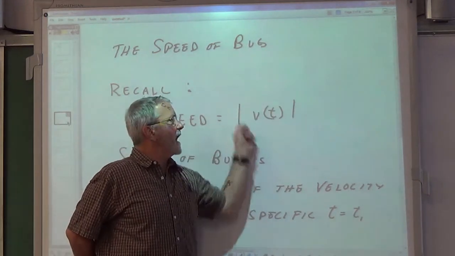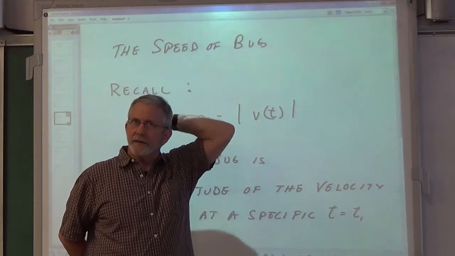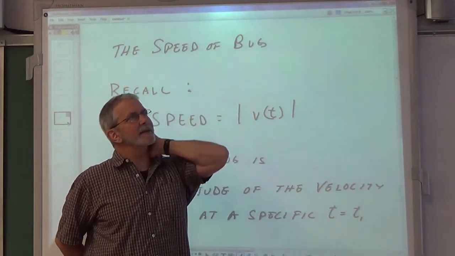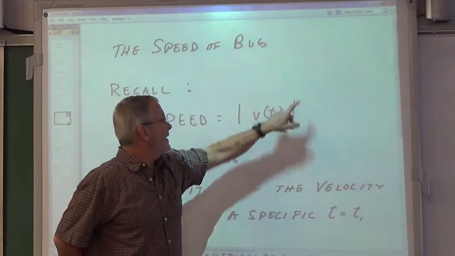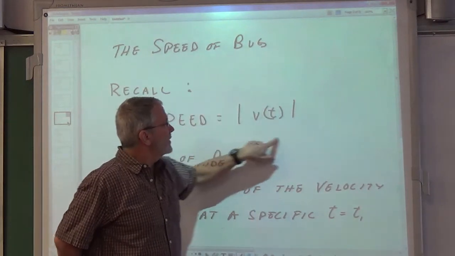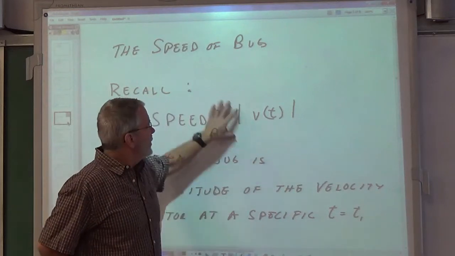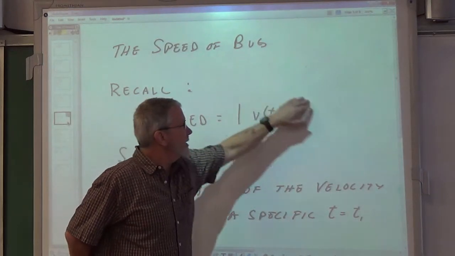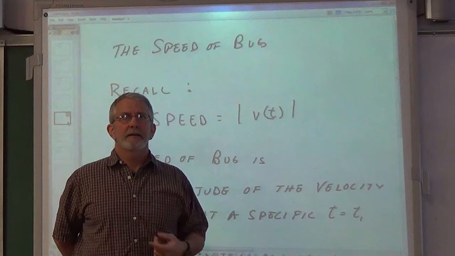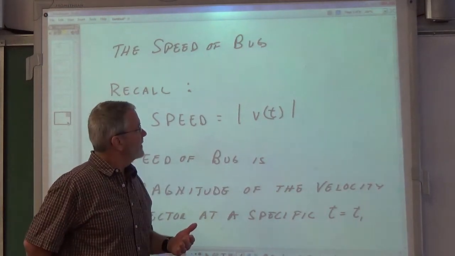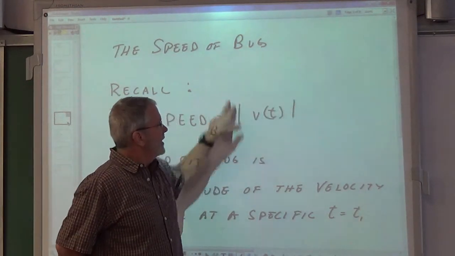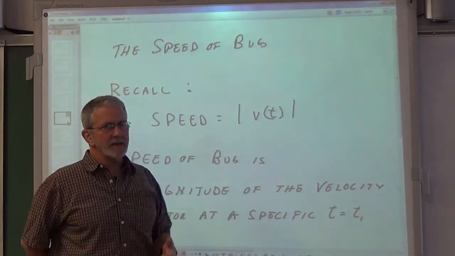If I'm thinking about a position vector, a velocity vector, and recall our part 1 discussion about vectors, what does this look like? Yes, you're correct. That's how I find the magnitude of a particular vector, and that's exactly what it is.